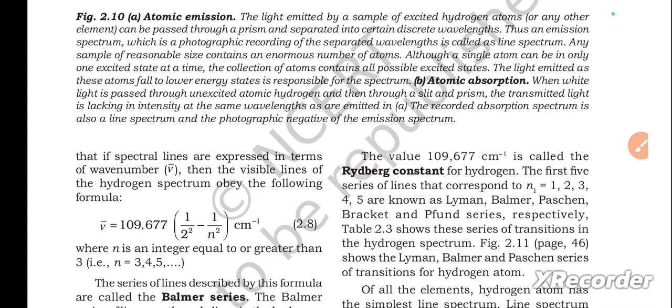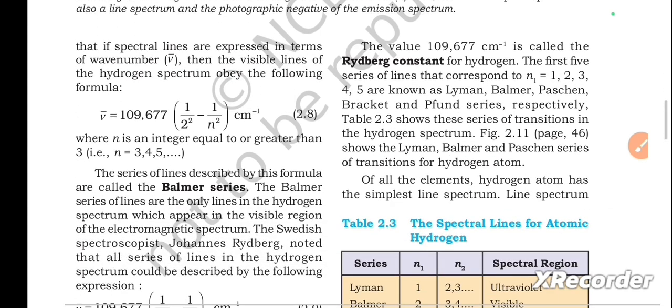Wave number equals 109677 (1/2² − 1/n²) per centimeter, where n is an integer equal to or greater than 3. The series of lines described by this formula are called the Balmer series. The Balmer series of lines are the only lines in the hydrogen spectrum which appear in the visible region of the electromagnetic spectrum.